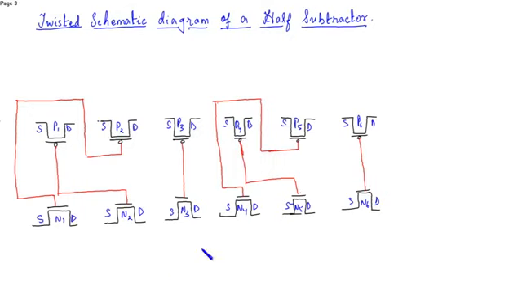So now the source of PMOS and NMOS in a transmission gate are connected. Similarly, the drains are also connected. The source from here is connected with source of this.